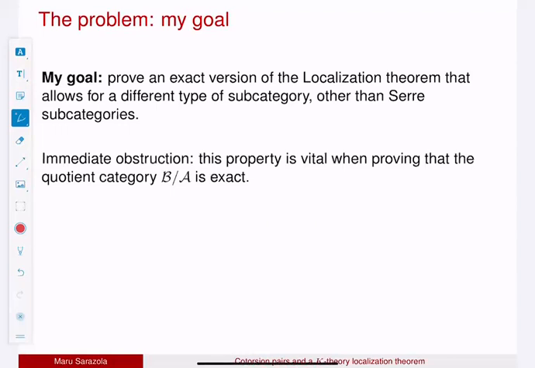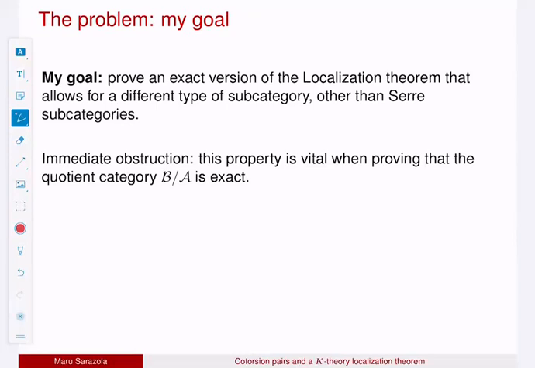So of course, as you can imagine, you can't just go ahead and wipe a condition from a theorem and expect it to hold, not even close. If you just dive into the proof and try to do that, you will find an immediate obstruction. So you immediately run into a wall because this property turns out to be vital for proving that this quotient category is an exact category.